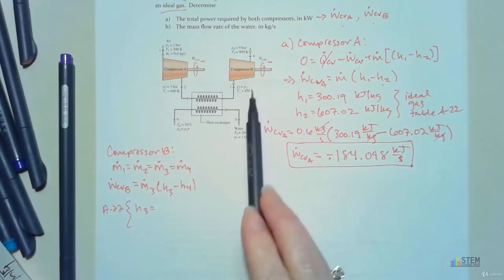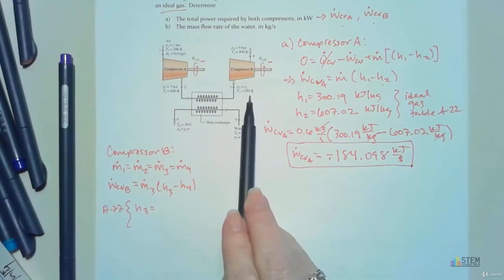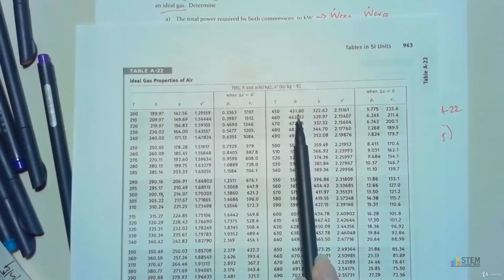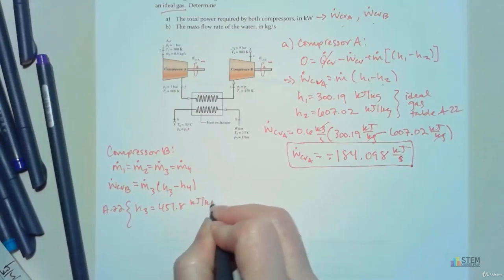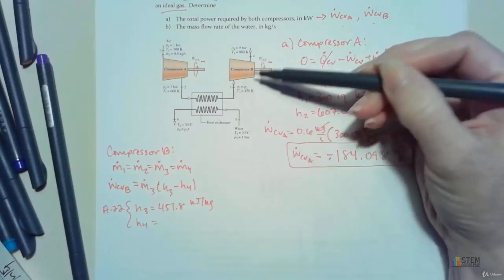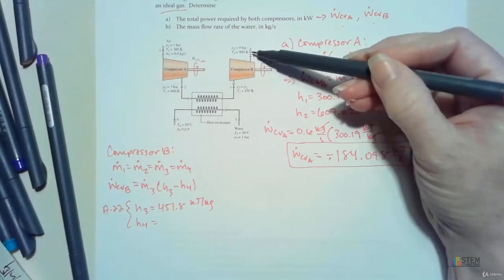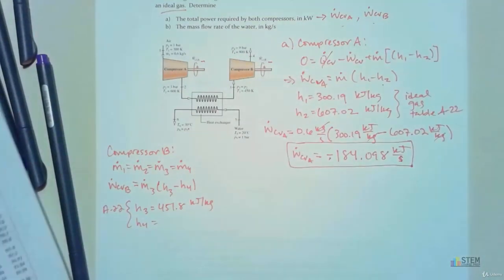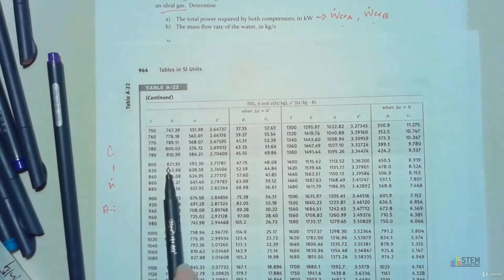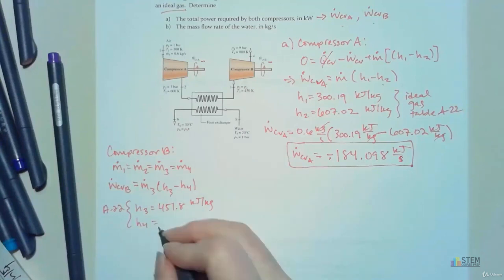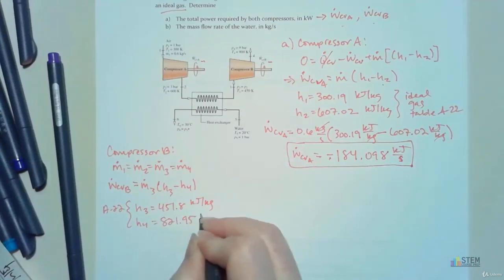H3, if you look up the temperature 450, our H is 451.8 kilojoules per kilogram. And then H4, when the air leaves, it has heated up to 800 Kelvin. We go to 800 Kelvin. H is going to be 821.95 kilojoules per kilogram.